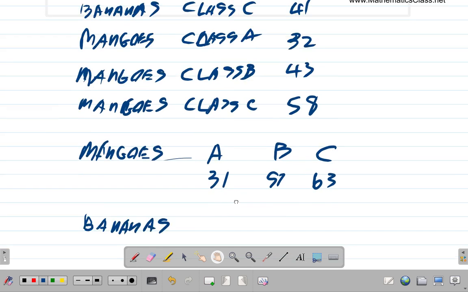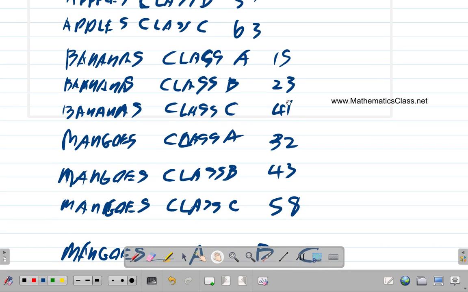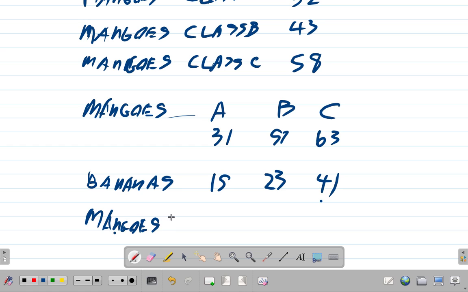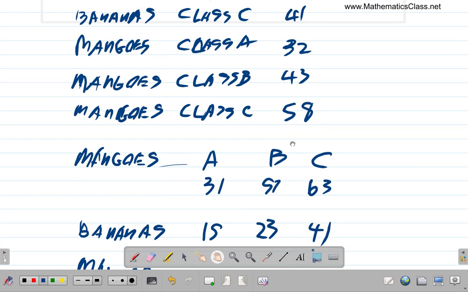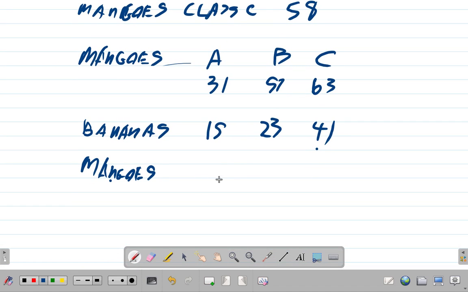How many bananas? Classes are 15, 23, 41. Mangoes. How many mangoes in each class? 32, 43, 58.